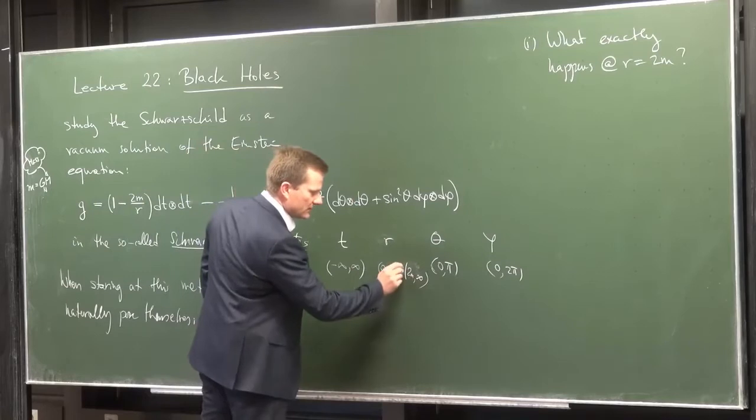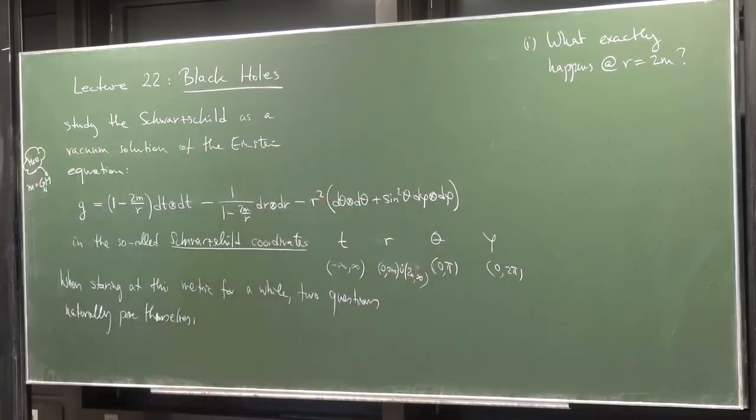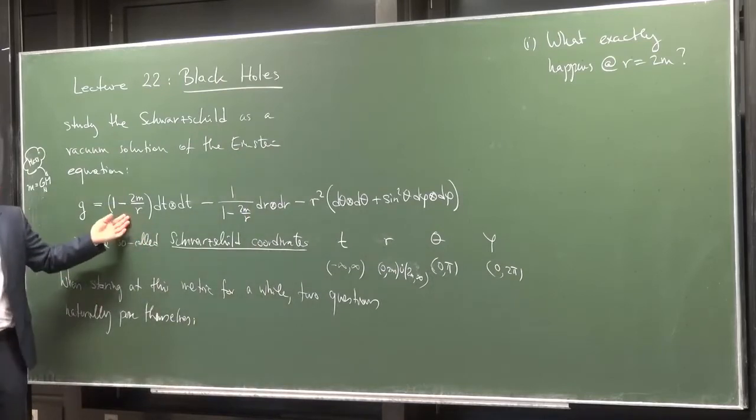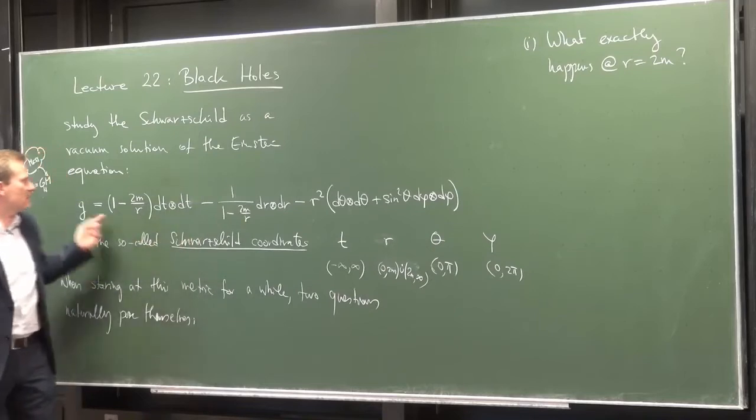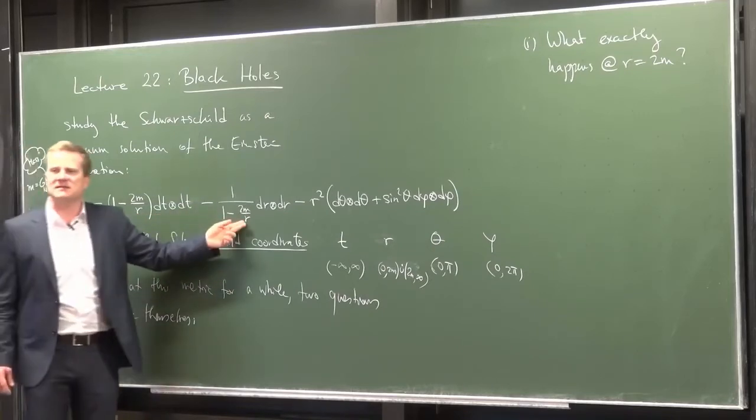It's this disjoint union, and r equals 2m cannot be assumed for this metric, because even if you ignore this, the metric becomes degenerate here. So one component is 0, the other one is infinity.